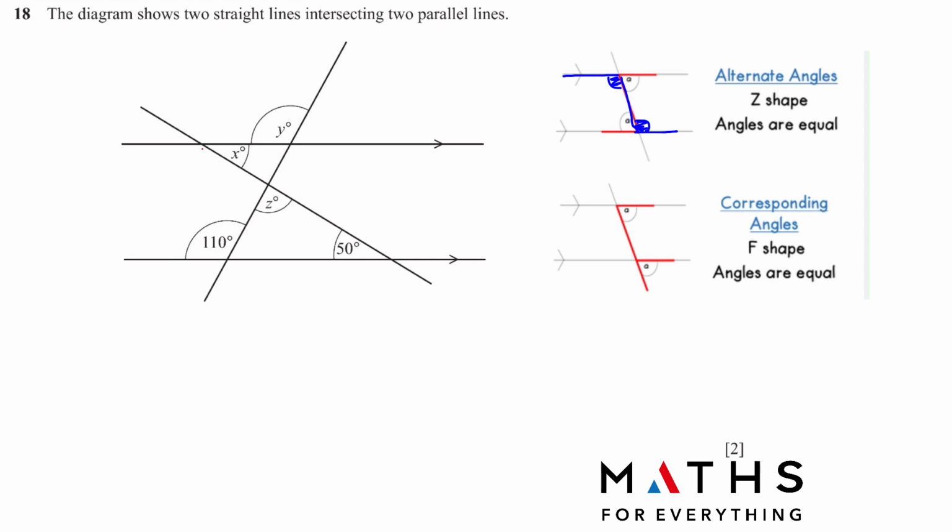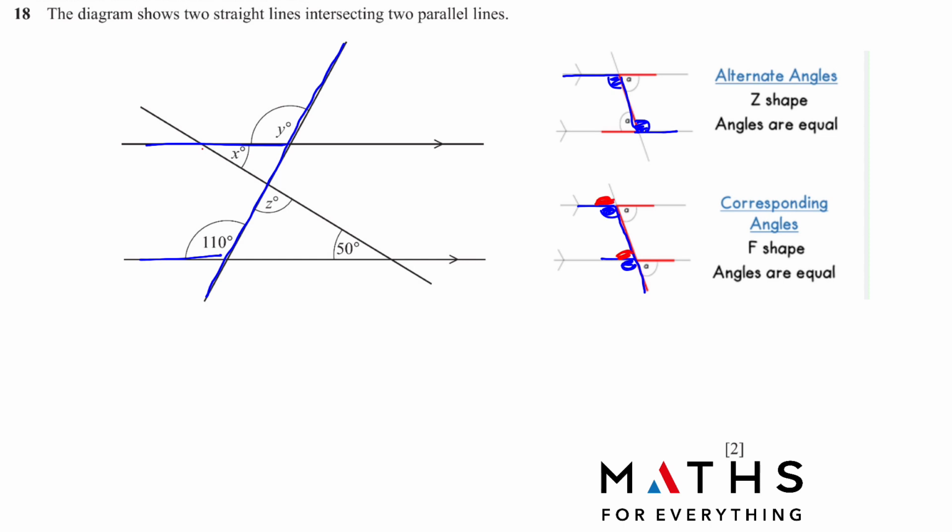let's look at the other angle you are supposed to know, corresponding angles. If you are able to make an f, whether on the right hand side or the left hand side, the angles like this are called corresponding angles and they are equal. So here we can form an f even if the angles are on the top.